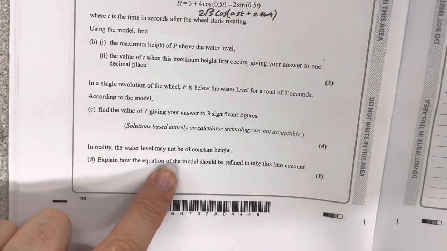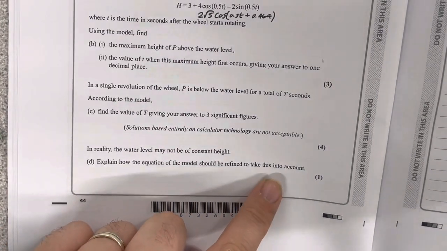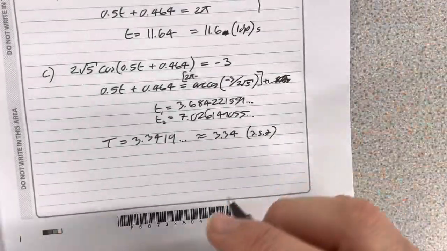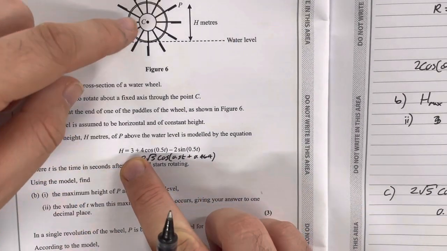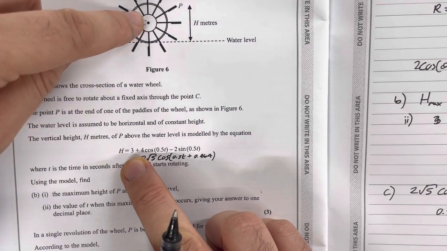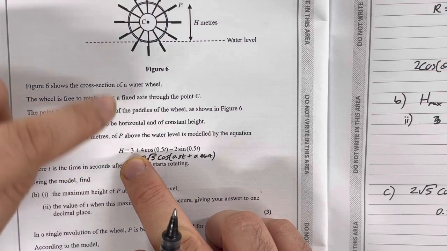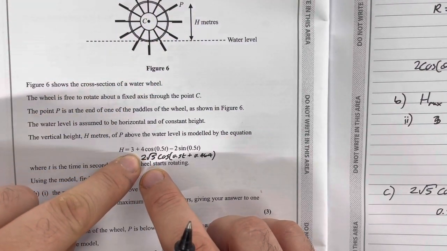In reality, the water level may not be a constant height. Explain how the equation of the model should be refined to take this into account. So the 3 here would represent the water level. So that's essentially saying that the centre of the circle is 3 meters above the water line, and that's a constant.